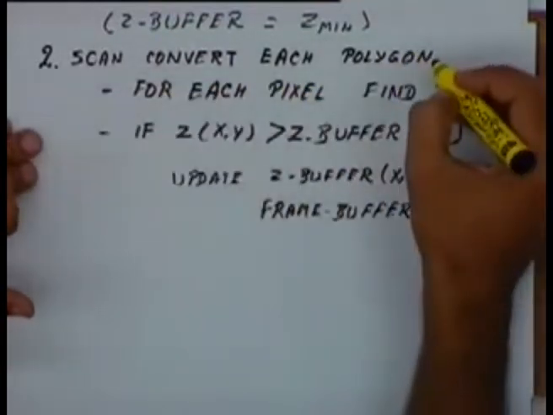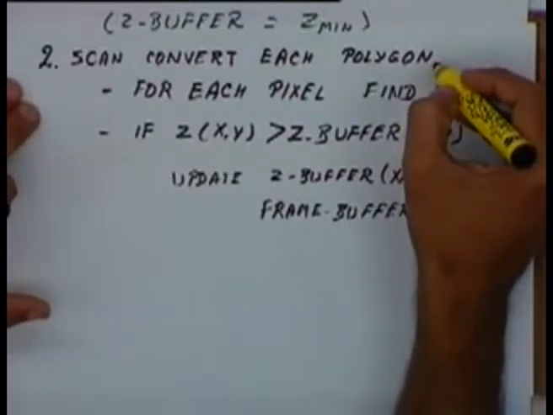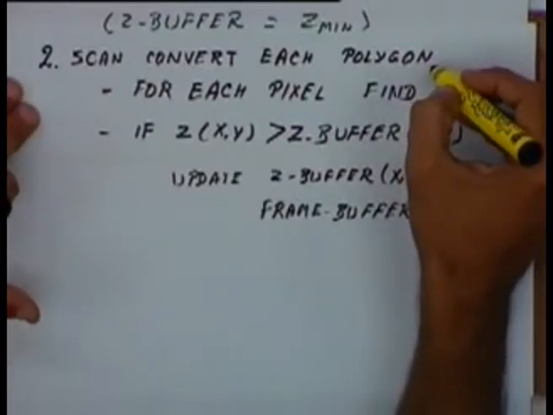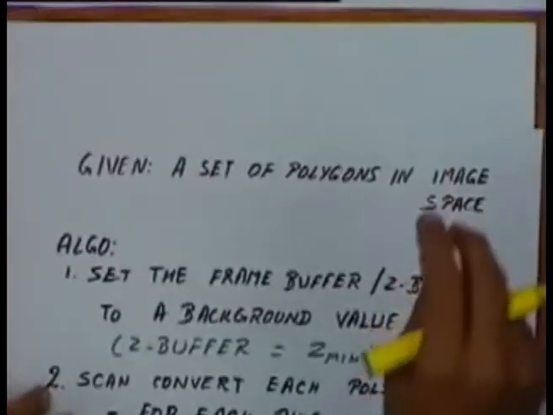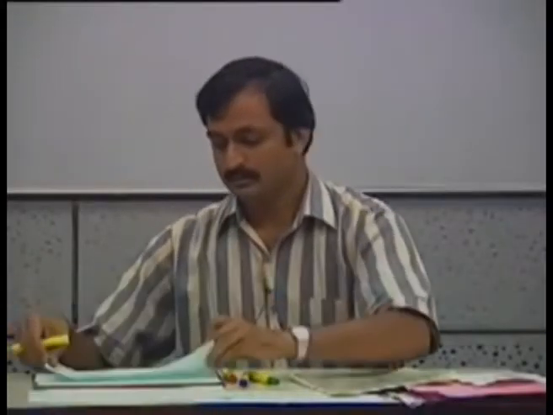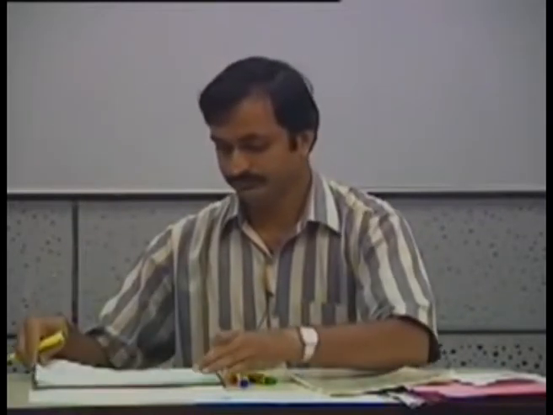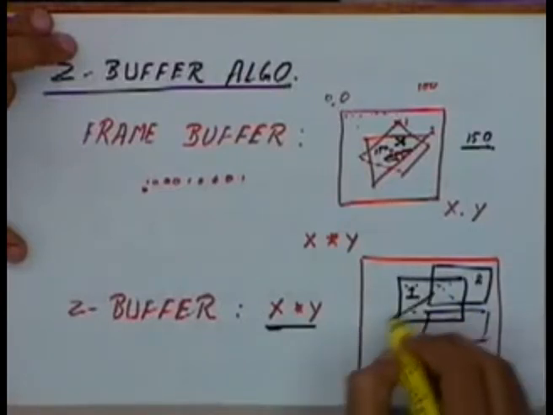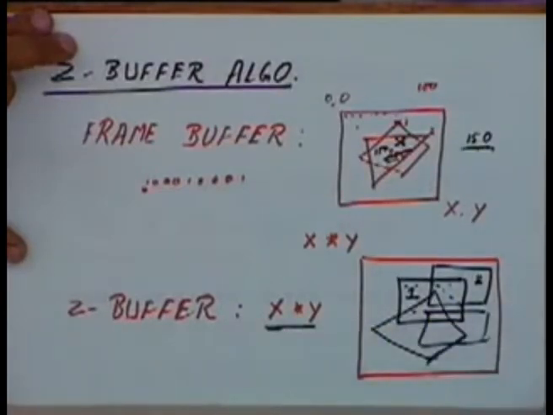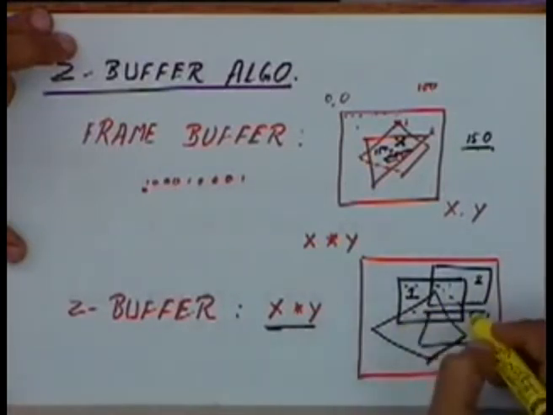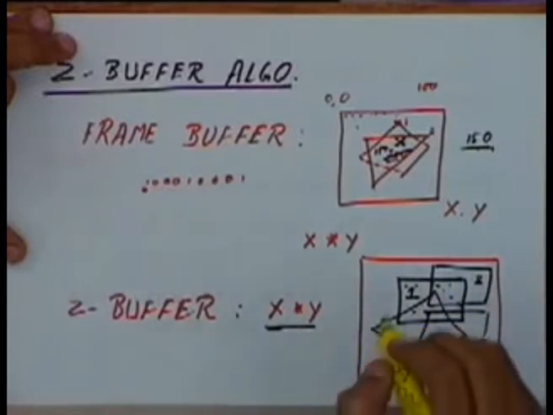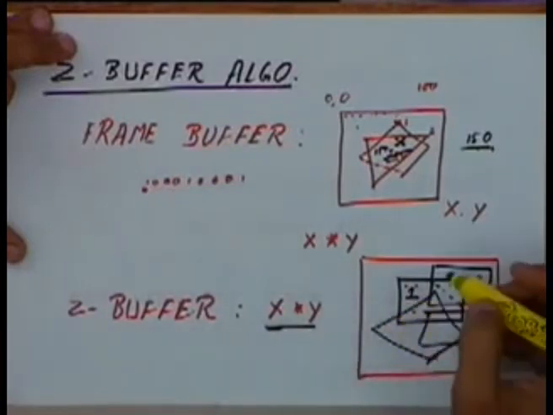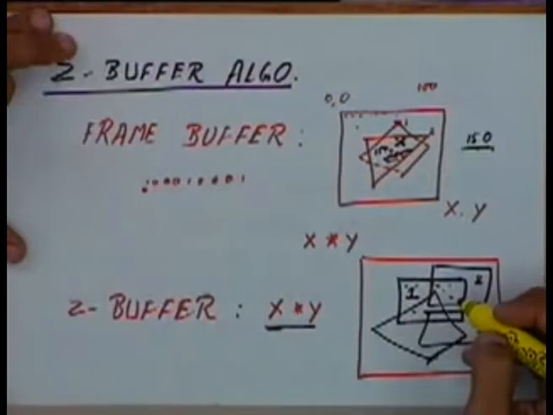When we complete this whole process for all the polygons, then we would have decided for each pixel. If we have a set of polygons to be displayed like this, at the end of the algorithm we have decided for each pixel what is the depth of the polygon being displayed and what are the color and the intensity being displayed at that point.